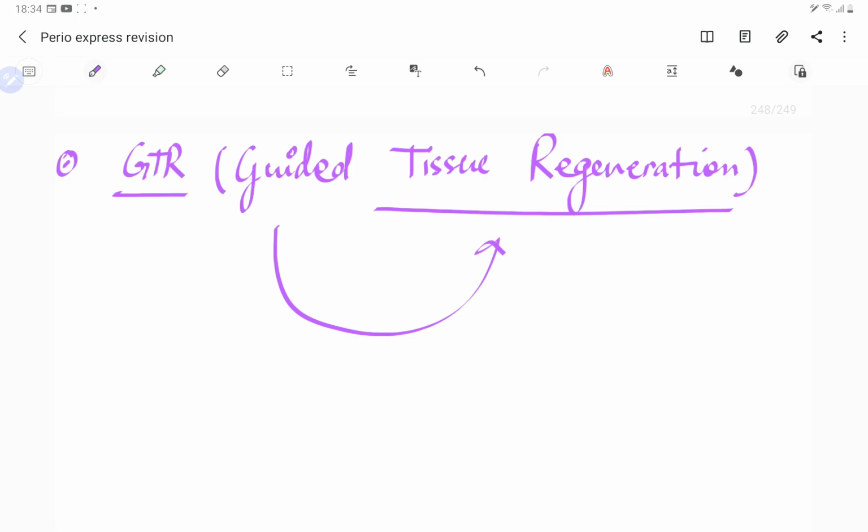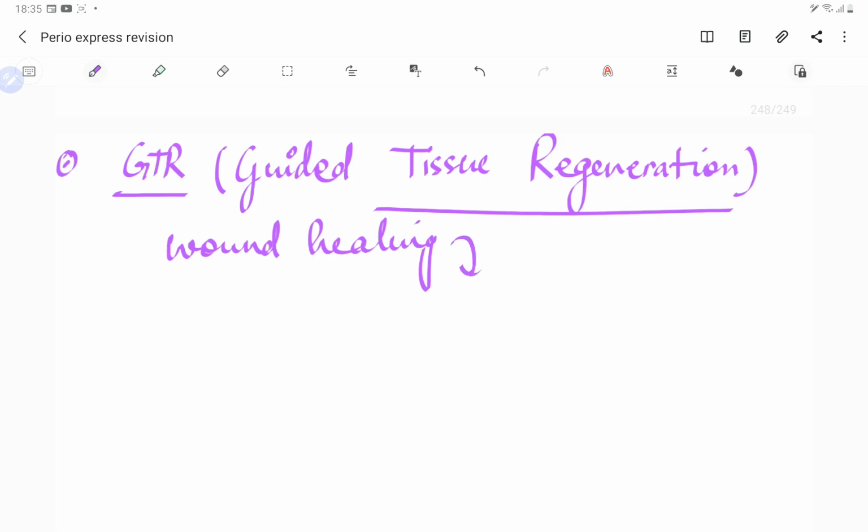So there are selective cells which are growing, selective tissues which are repopulating in case of a wound healing process. So basically, it's a normal wound healing process, guys. It is a regeneration. But what we are going to do in GTR is guide these tissues to regrow.